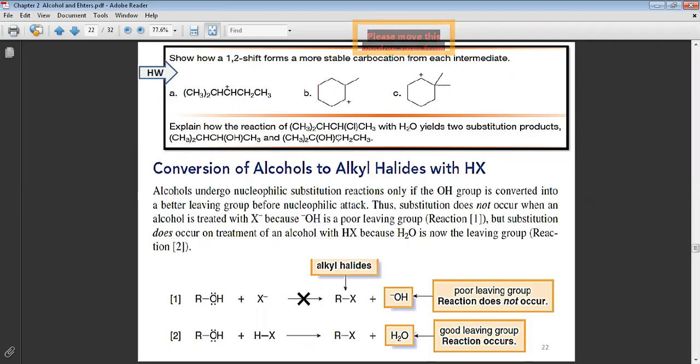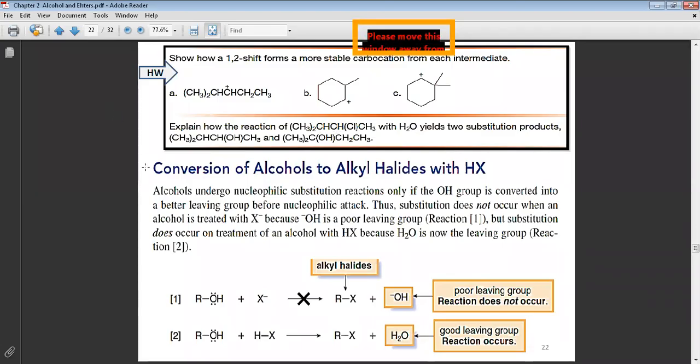How? You just write it on the paper. It's so easy. You have to know why it will give you two products.